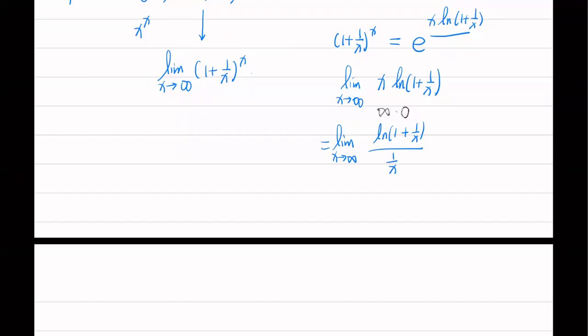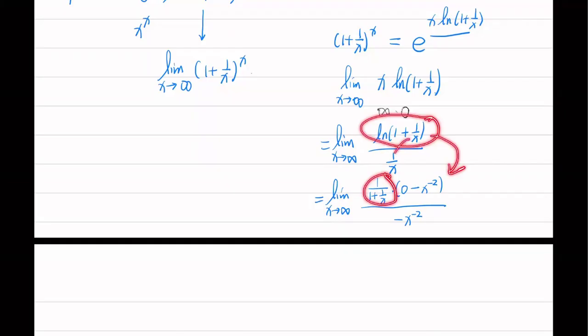Okay, then we apply L'Hopital's rule. So it's the derivative of the numerator by a chain rule, over the derivative of the denominator.